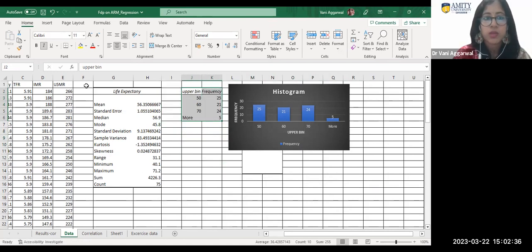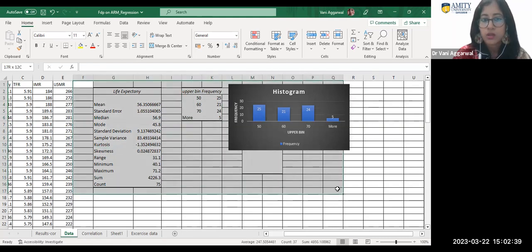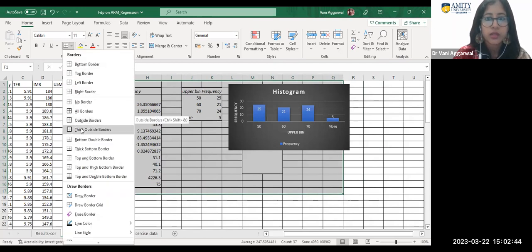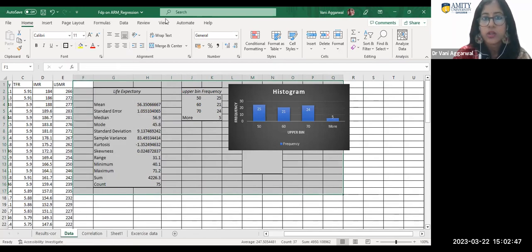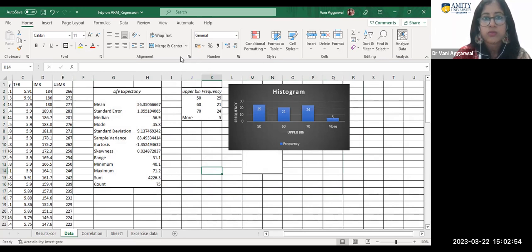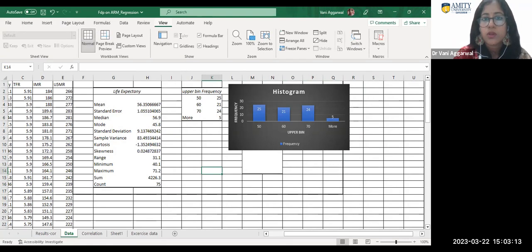Maybe you can show this area with a thick border. You can remove, for example, grid lines. So click on view.